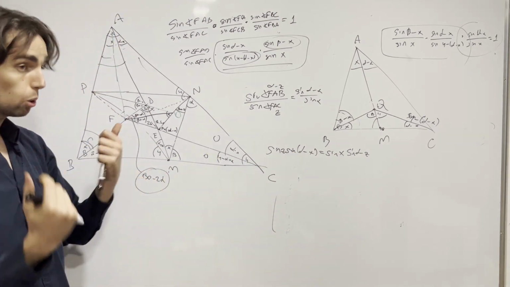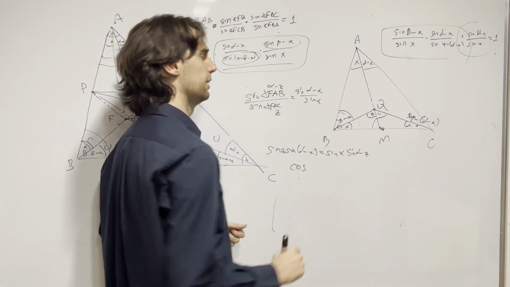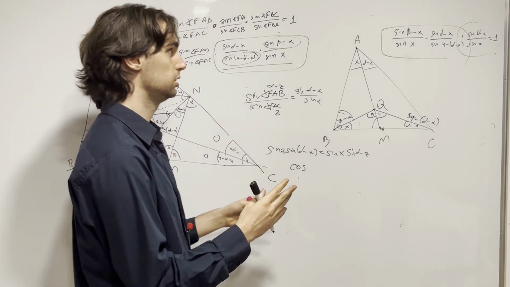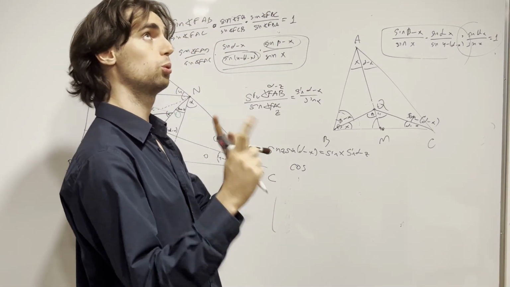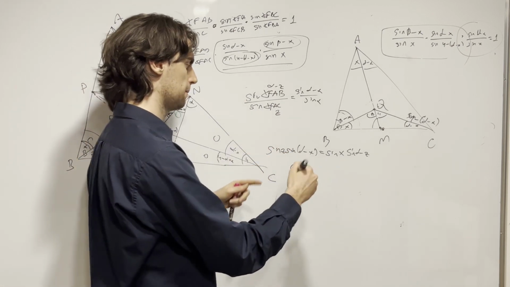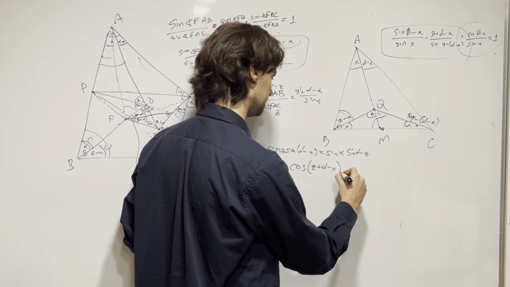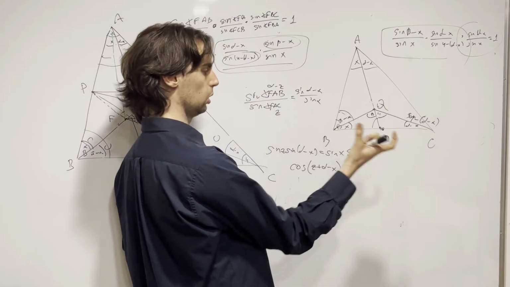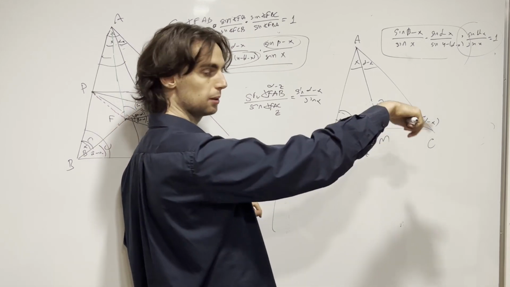Now how do you get sine of A times sine of B? Well, you need to use cosines. I think you first add, it doesn't matter if you add or subtract, you just need to switch the signs. Actually, you need to add. So you need cosine of z plus alpha minus x. And then, because cosine is always positive, the thing that changes is the plus or minus in front.